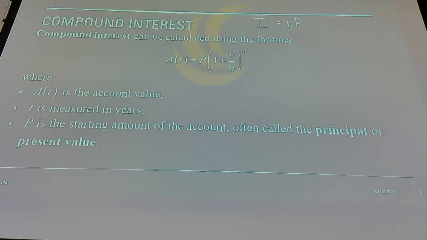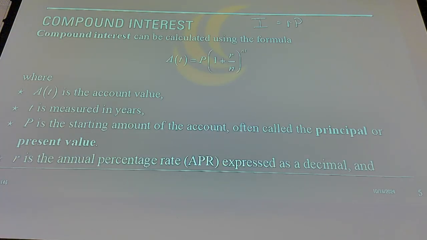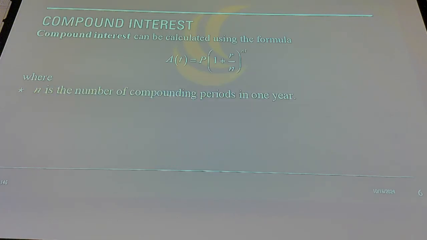P is the starting amount of the account, the principal or present value. r is your annual percentage rate, expressed as a decimal. n is the number of compounding periods in 1 year.